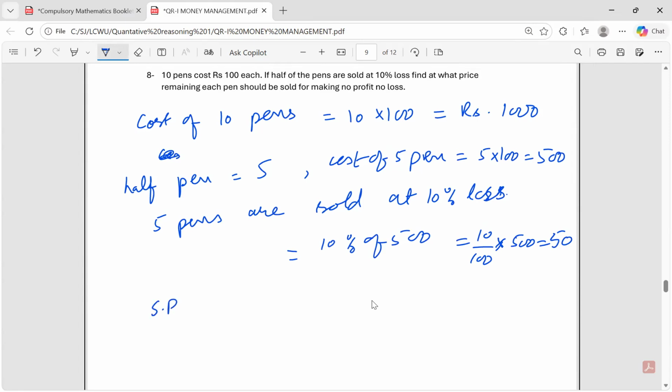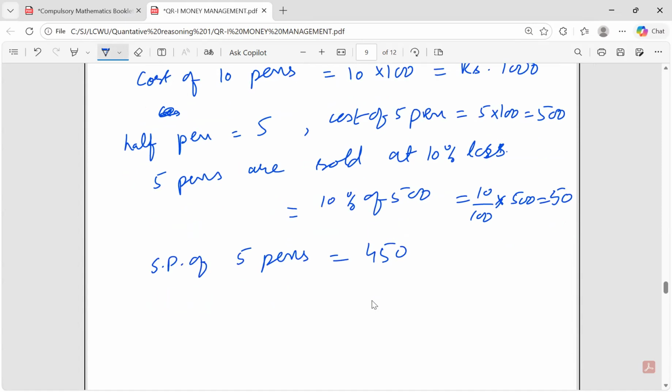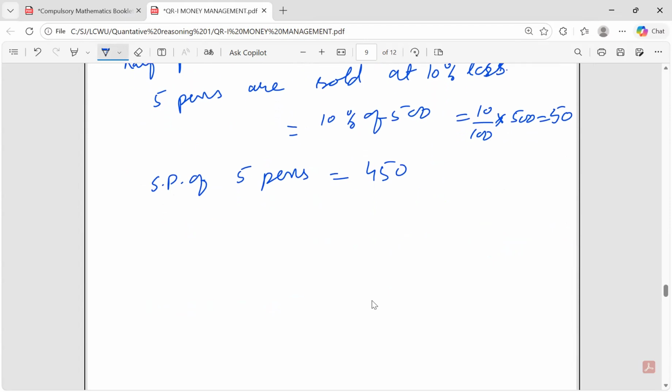It means that the sale price of the first 5 pens is 450 rupees. The remaining amount is 1000 minus 450, which is equal to 550 rupees.